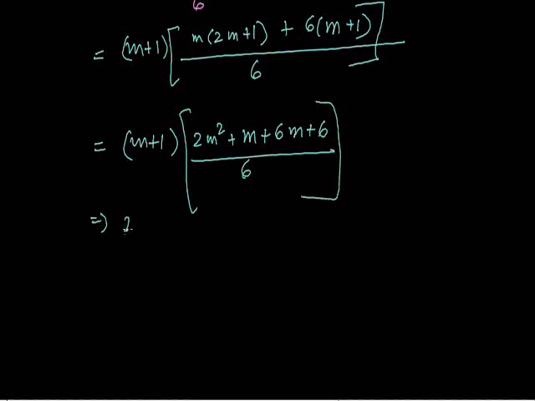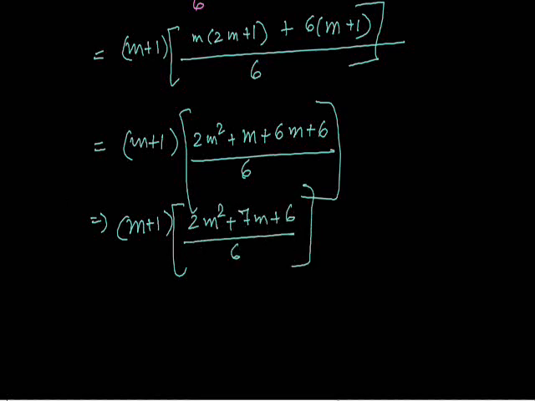So it is m plus 1 into 2m square plus 7m plus 6 upon 6. Now we will take out 6 common again. So we are left with m plus 1 by 6, and inside the bracket we have 2m square plus 7m plus 6.